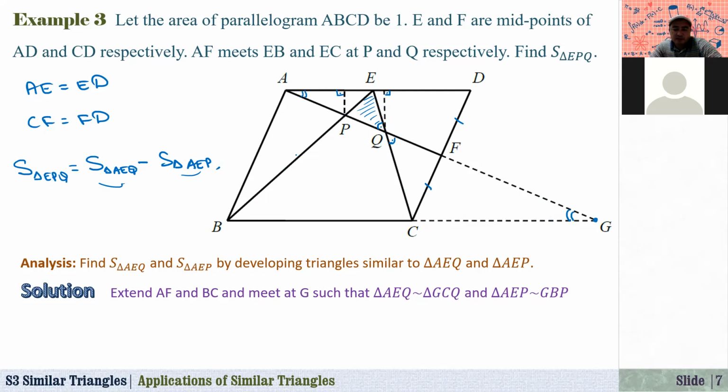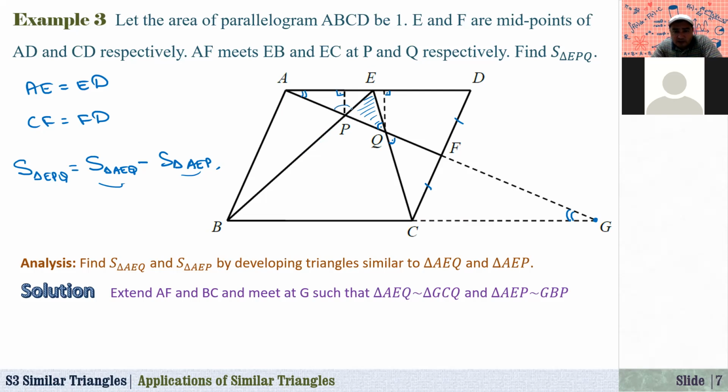Because BP and PE are collinear, that means they are similar.